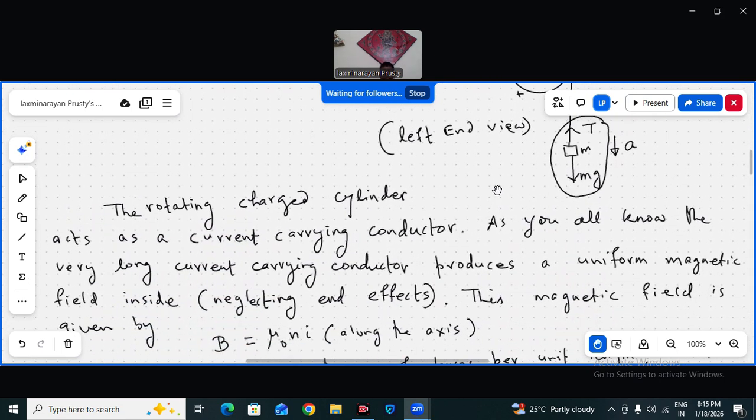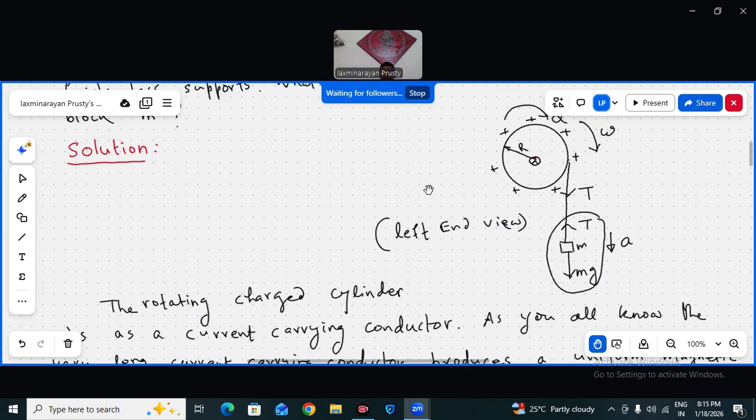So let's analyze this. The rotating charged cylinder acts as a current carrying conductor. Why is it a current carrying conductor? I'll better say the better word. Current carrying what? Tell me now, all of you. Solenoid. Why is it so?